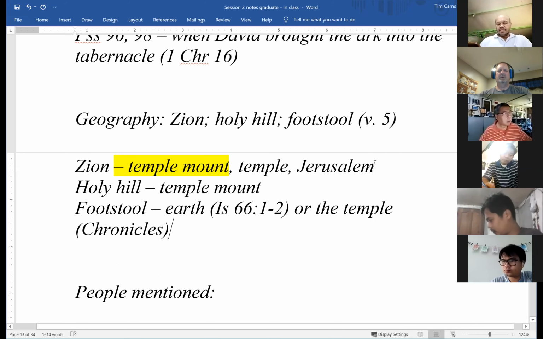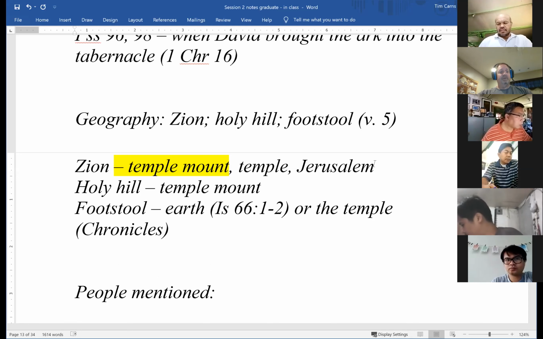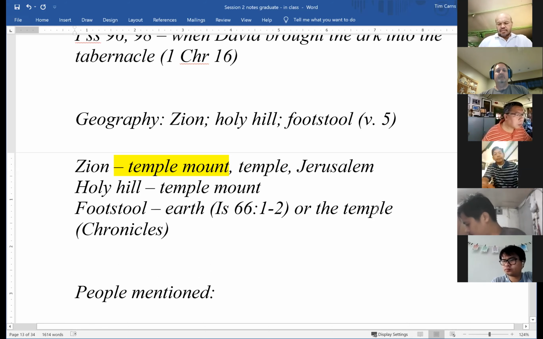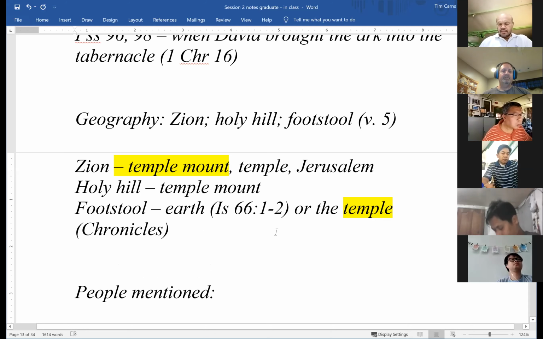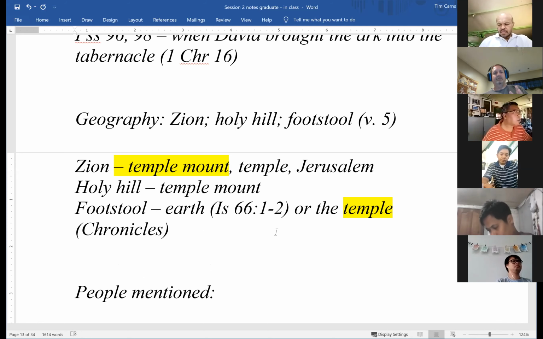But I think it's 1 Chronicles 26 or something like that. Okay, and given this psalm, I think he's speaking here of the references to the temple. All right, we'll see that more as we go forward. So these are the locations mentioned. All right, we have the reference. Yeah, go ahead. It's 1 Chronicles 28. Okay, good.